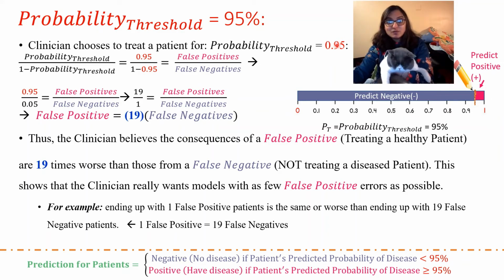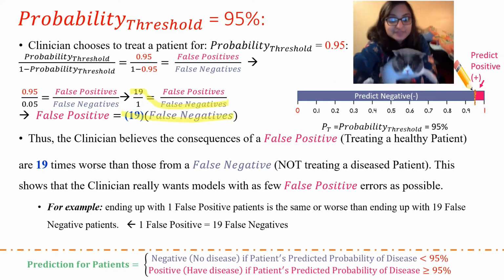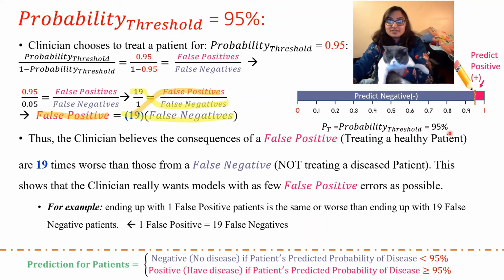So similarly, when we plug this probability threshold into this formula and simplify it, 95% over 1 minus 95% simplifies down to 19 over 1. Cross multiplication leads to 19 false negatives equals 1 false positive. So instead of 9, which it was at the 90% threshold, it's even worse now.